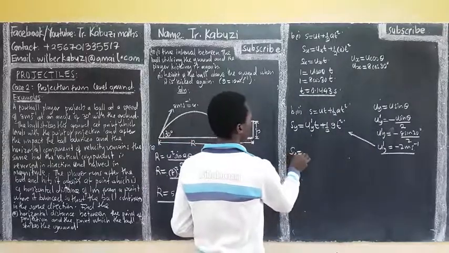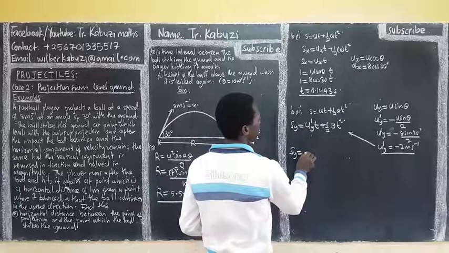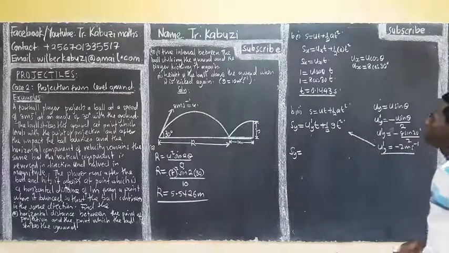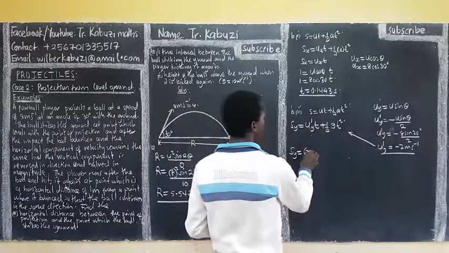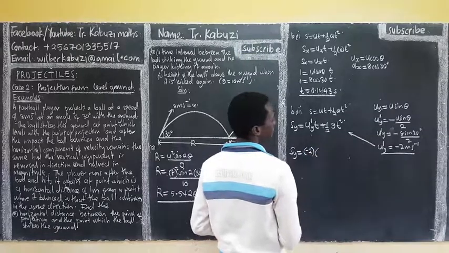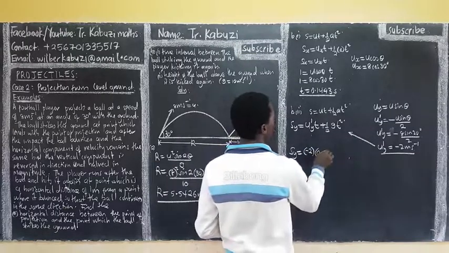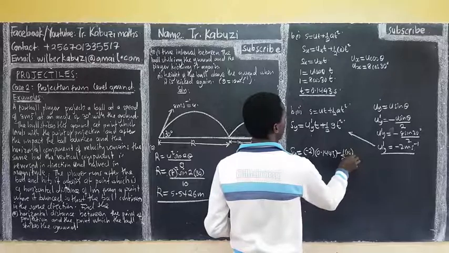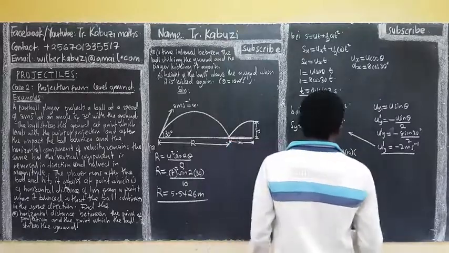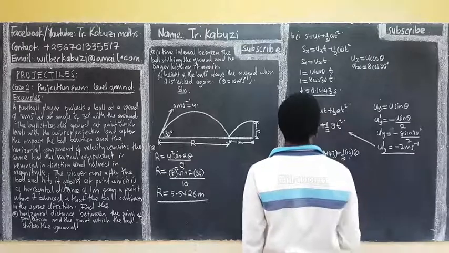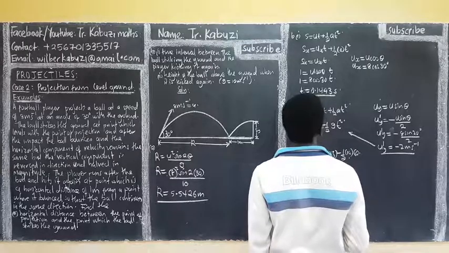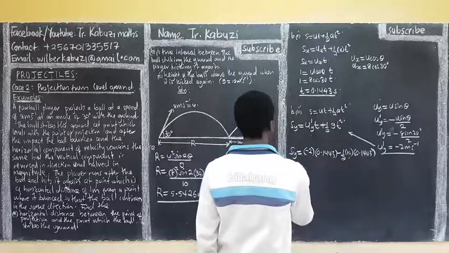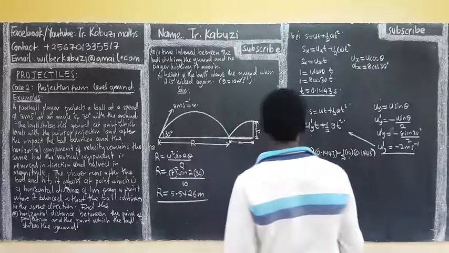So SY is going to be negative 2 times T, which is 0.1443, then minus a half, 10, times 0.1443 squared.